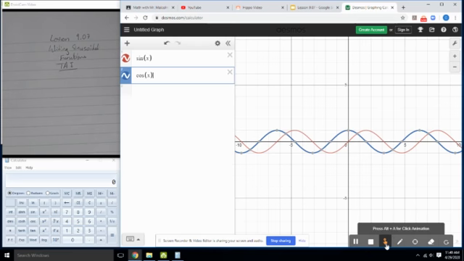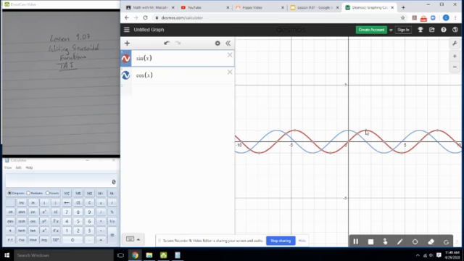Moving our cosine from 0 to pi over 2 units, we now identified that we have to do something with the h value. Last time we had to do plus because we're moving to the left, but this time we're going to move to the right.